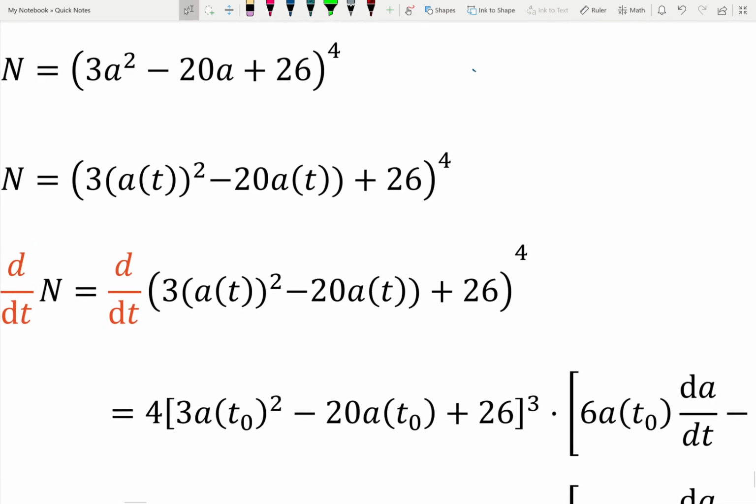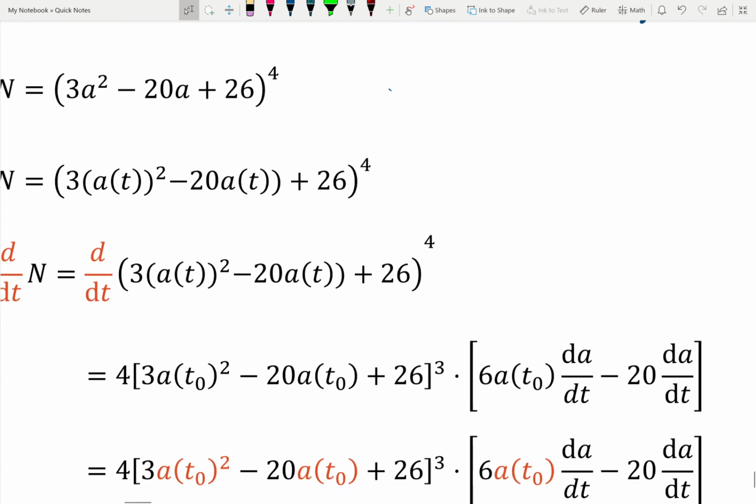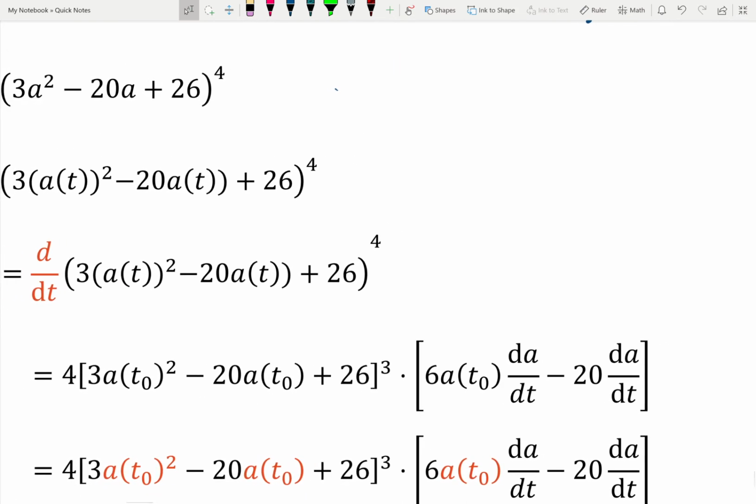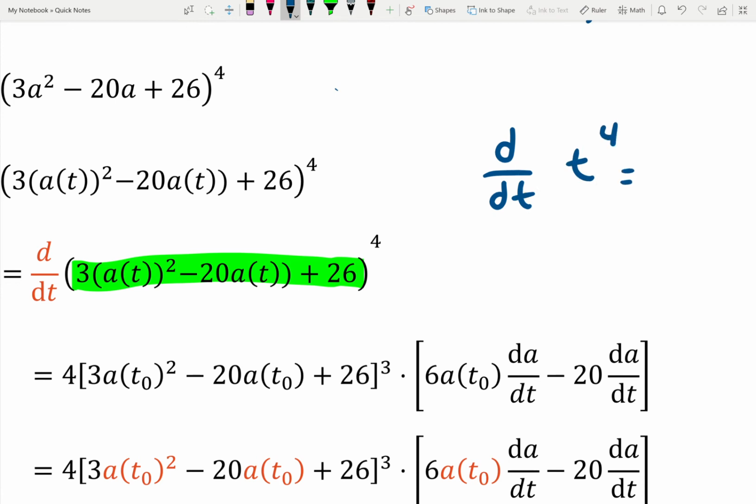And on the right-hand side, I have kind of a mess. On the right-hand side, I have to use the chain rule because I don't have just a base of t, right? Meaning if I had d/dt of t to the 4, then this whole thing is just going to be 4t cubed. But because I don't have a base of t, I have a function of t, I have to use the chain rule.